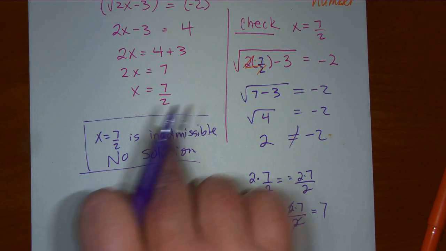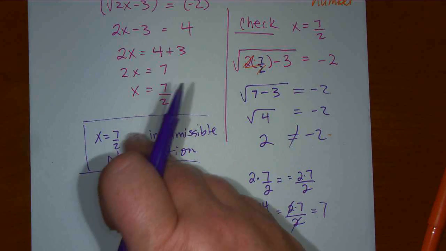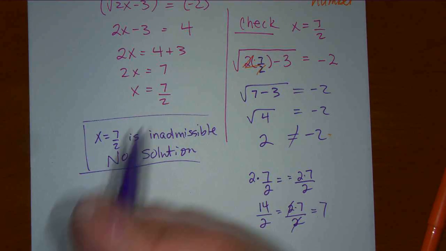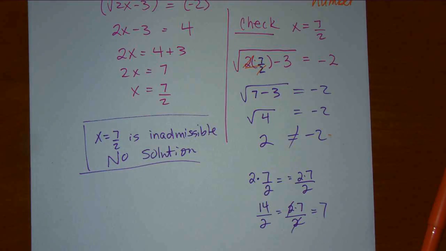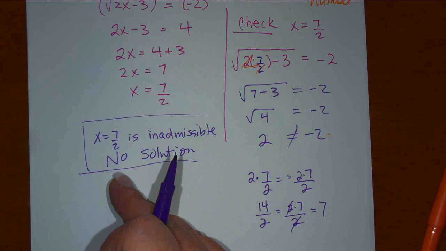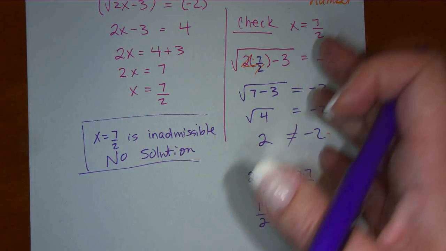Some of them are inadmissible and some of them work, and then it asks, determine the admissible and inadmissible solutions. So the ones that don't work are called inadmissible.